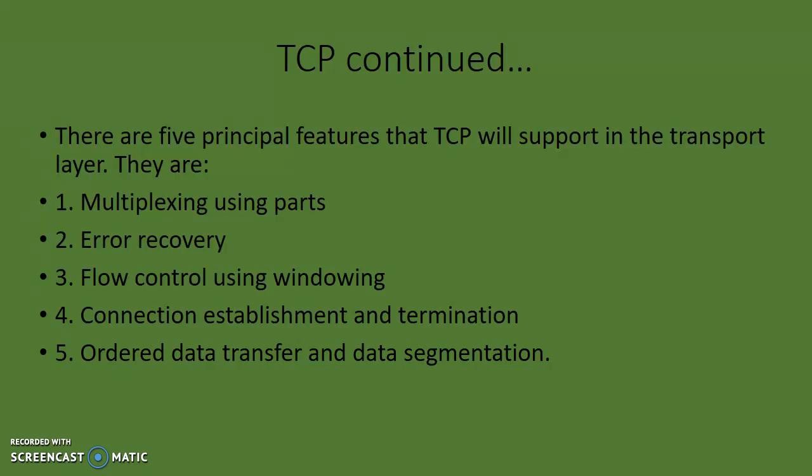The first one being multiplexing using ports. Second one being error recovery. Third one, flow control using windowing. Fourth, connection establishment and termination. And then the last one is going to be ordered data transfer and data segmentation.